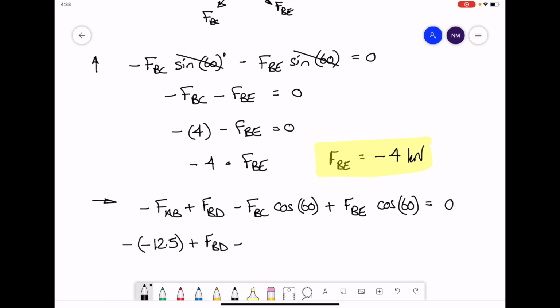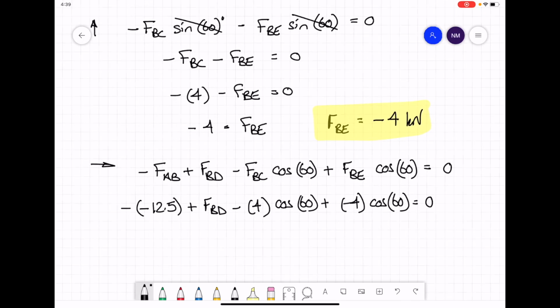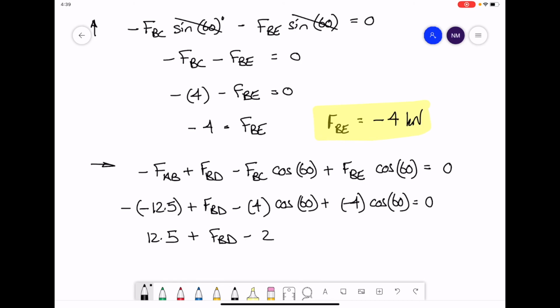Force BC, as earlier, is a value of 4. Force BE is a value of negative 4. Working this through, 12.5 plus force BD minus 2 and another minus 2 equals 0.